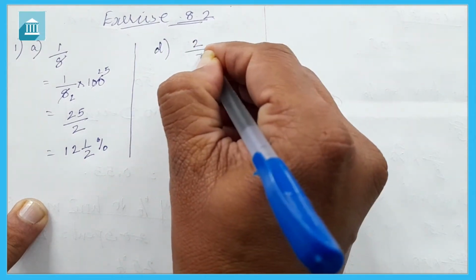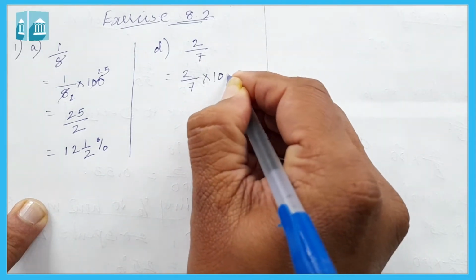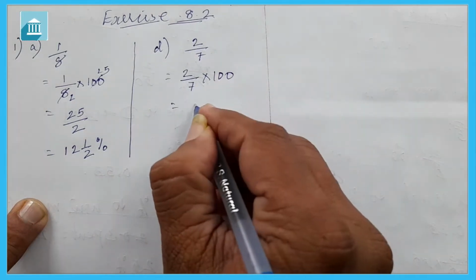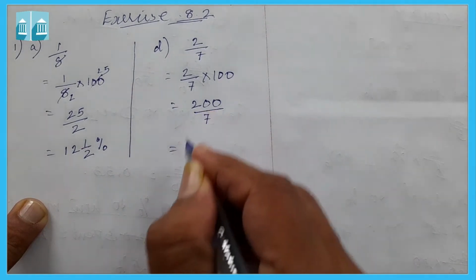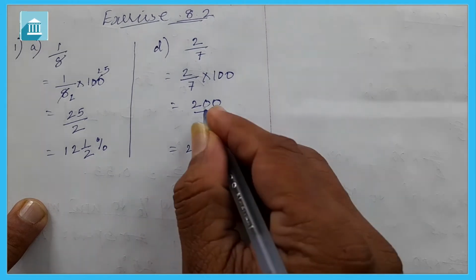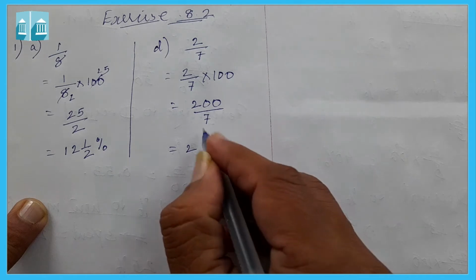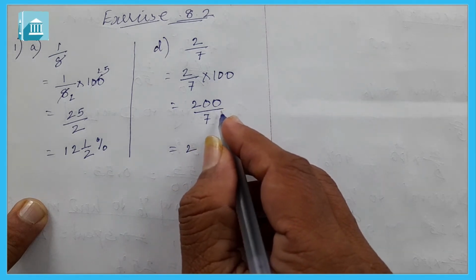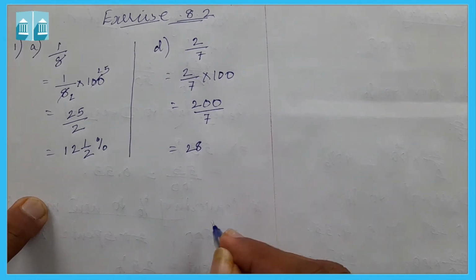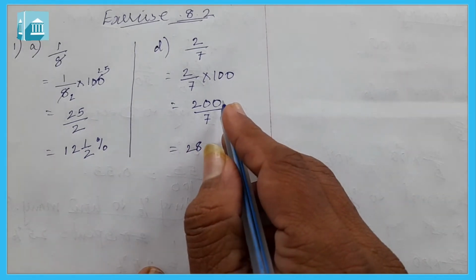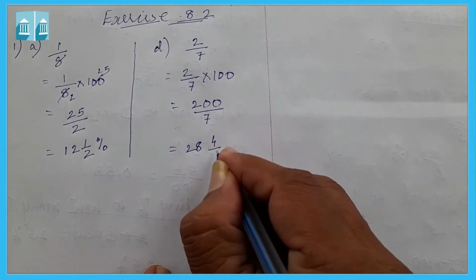Question number D is 2/7. So we can say 2/7 multiplied by 100, which is equal to 200 upon 7. Now 200 upon 7: 7 twos are 14, 6 left, 60. Then 7 eights are 56, 4 left, so 4 upon 7.